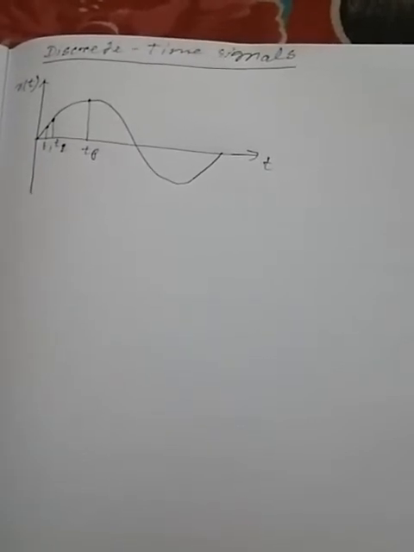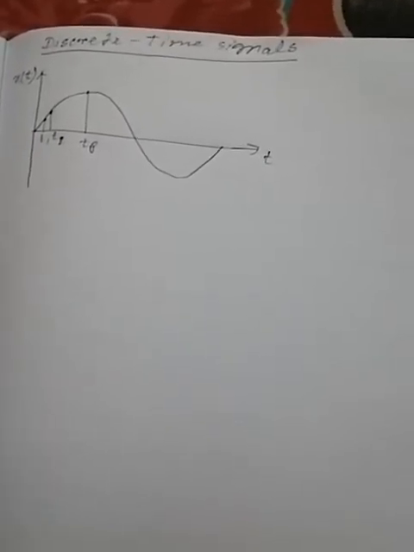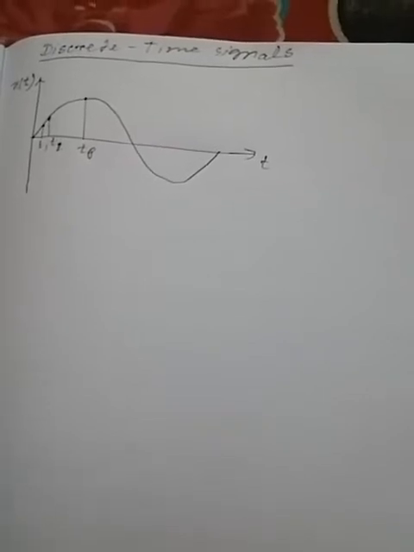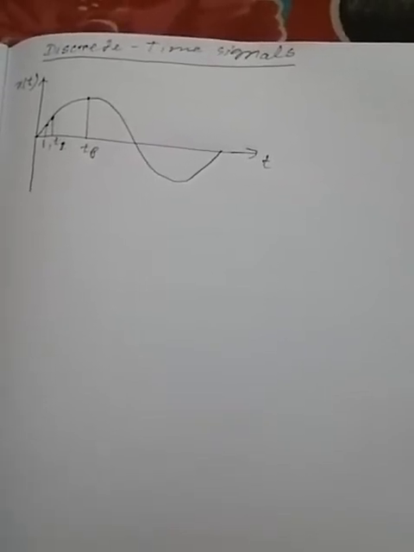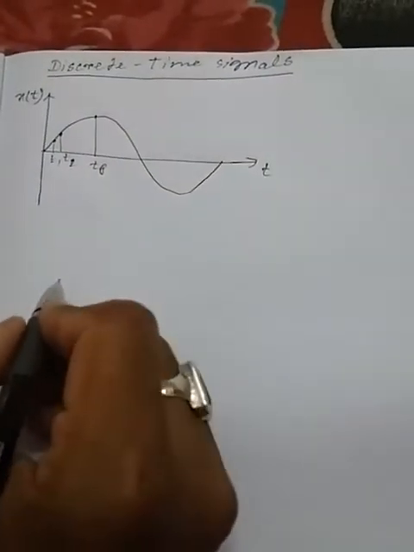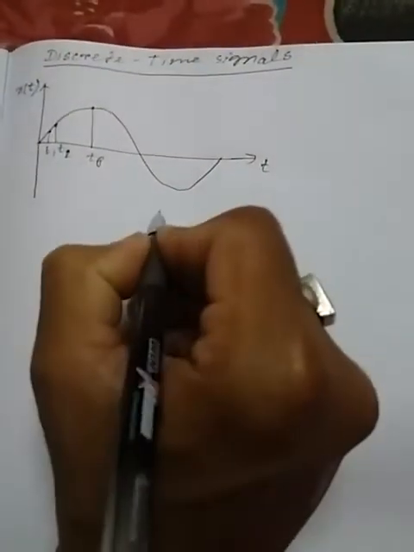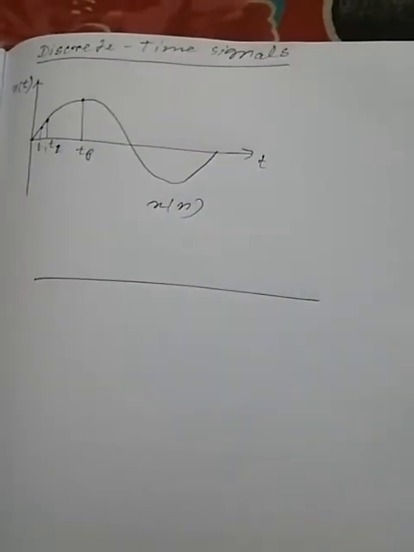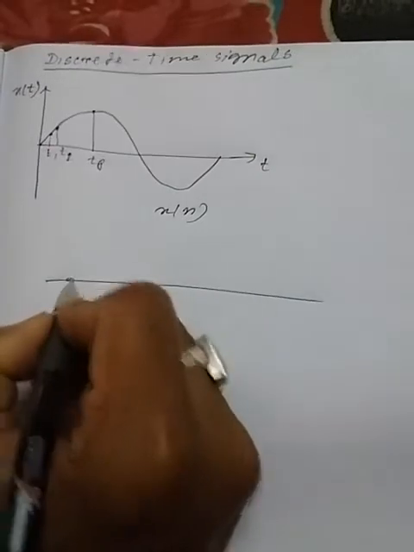Now, what is discrete time signal? The signals that are defined at discrete instants of time are known as discrete time signals. Remember this thing, discrete time signal is represented by x of n.